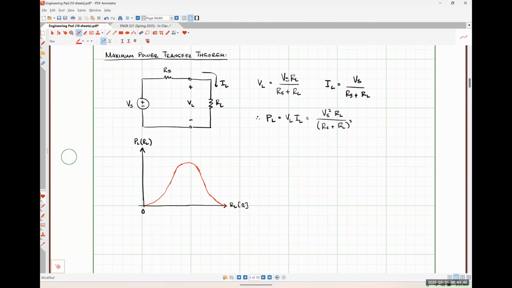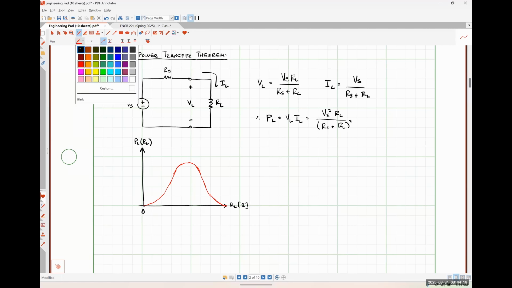Okay? So for most powers that we can see from this graph, there's going to be two different values of resistor that will achieve that particular power level, except for the maximum. Maximum power occurs at one very specific resistor value, right?